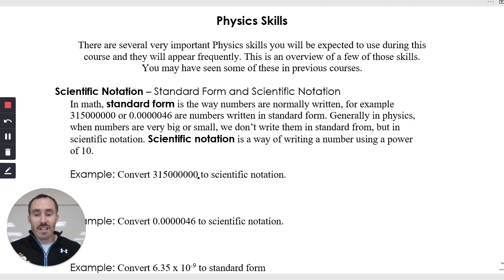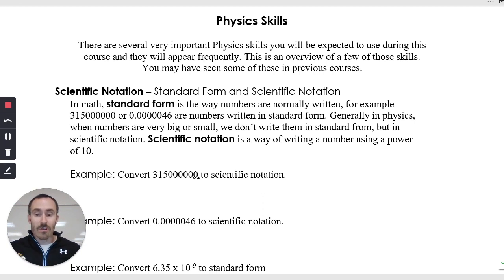So if I move the decimal place once this way, now the number that I'm working with is no longer 315 million, now it's 31,500,000. Okay, but I've taken a 10, and now I need to store it someplace. I need to store it in the number.